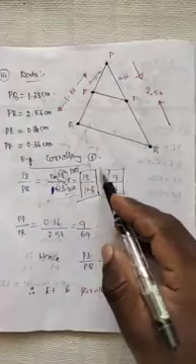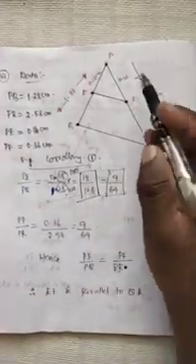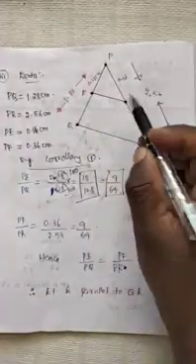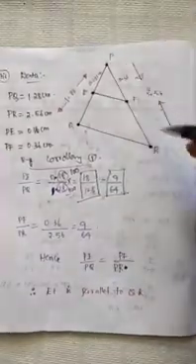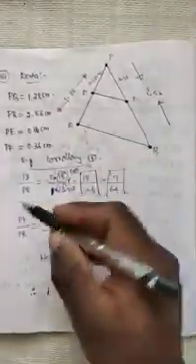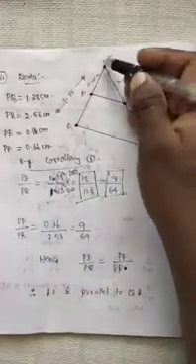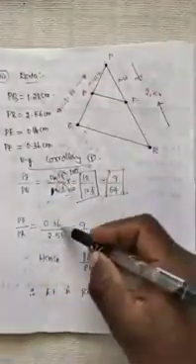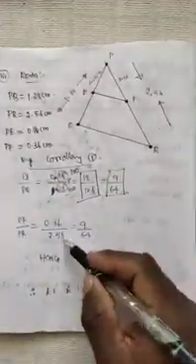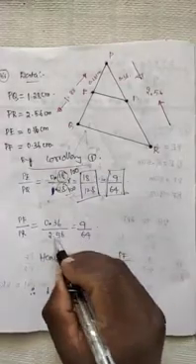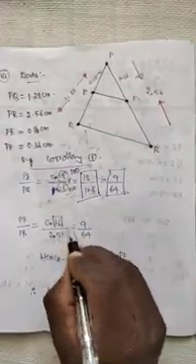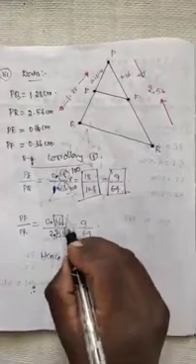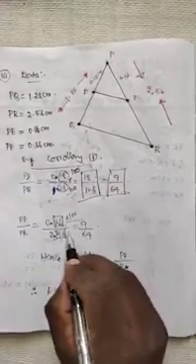And now the other side, by using corollary 1, that is PF by PR, where PF is 0.36 and PR is 2.56. Again we have two decimal places, so we multiply 100 on both numerator and denominator.